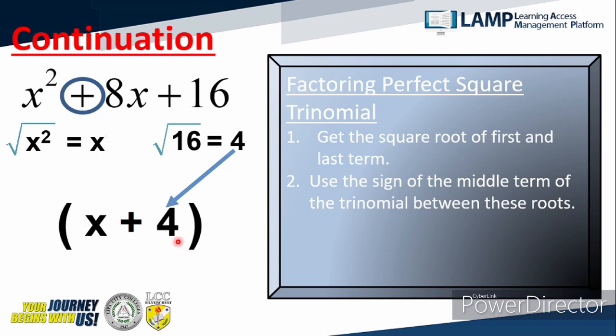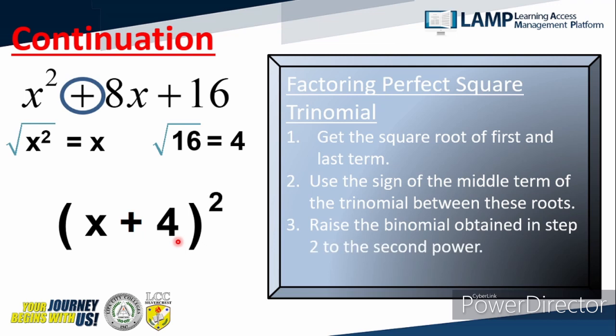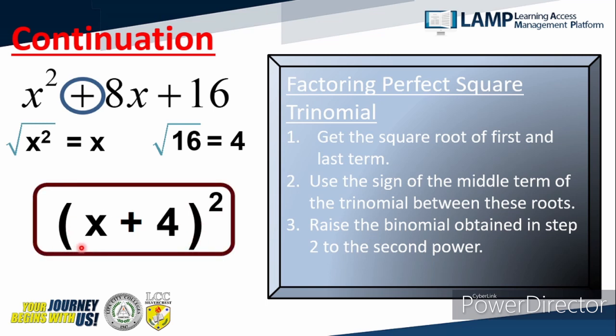Then next, raise the binomial obtained in the previous step to the second power, in which we just put an exponent of 2 on our binomial. In short, this is our final answer.